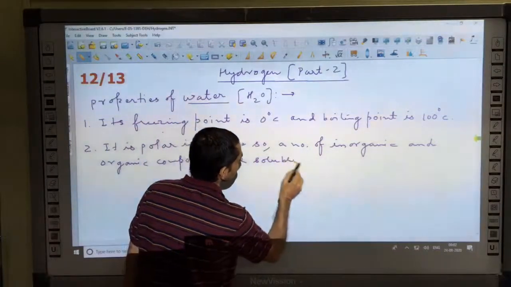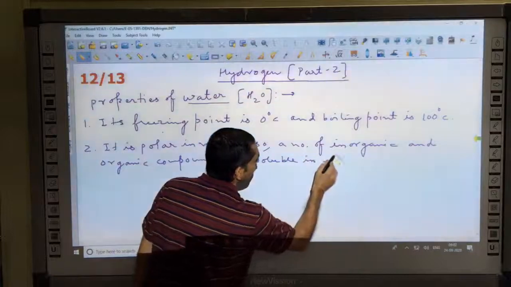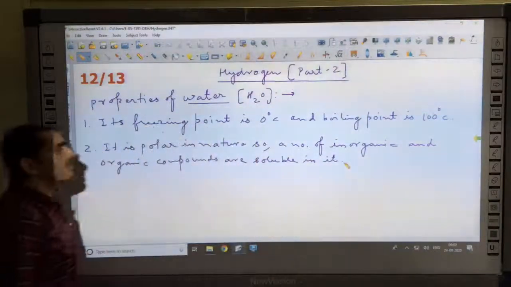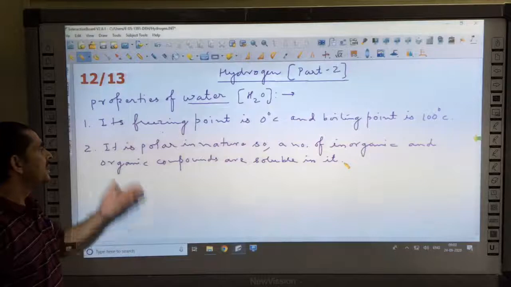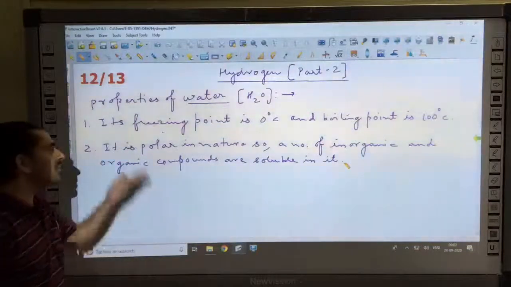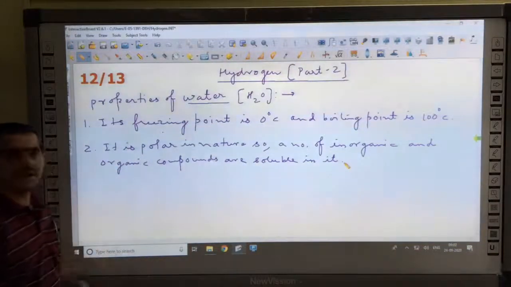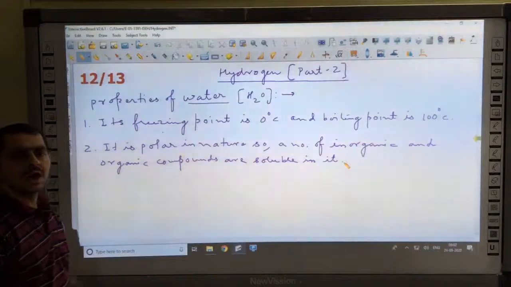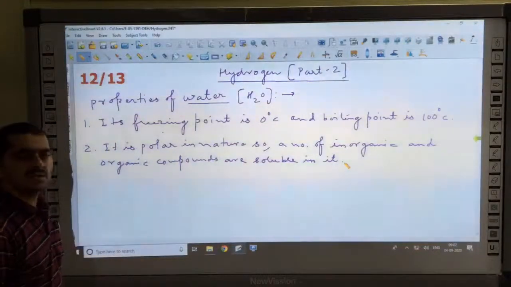Because water is polar, inorganic and organic compounds dissolve. Inorganic: NaCl is soluble in water, CuSO4 is soluble in water. Organic: alcohol is soluble in water, acetic acid is soluble in water.